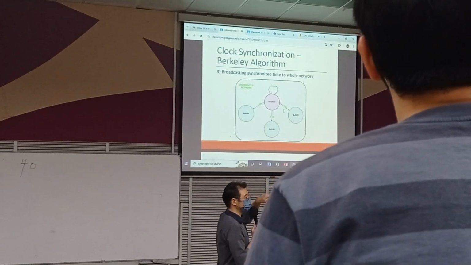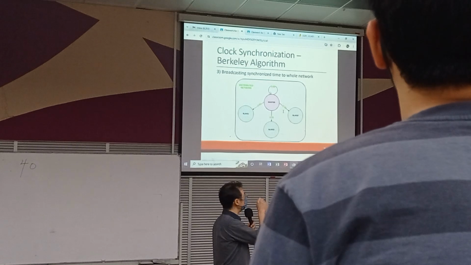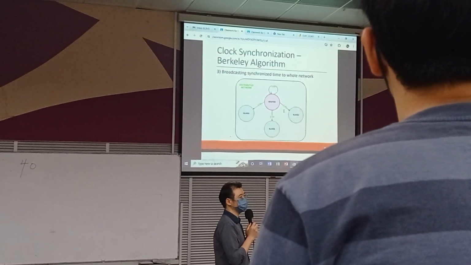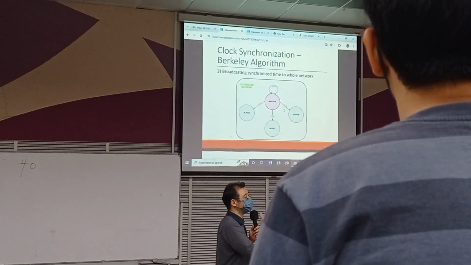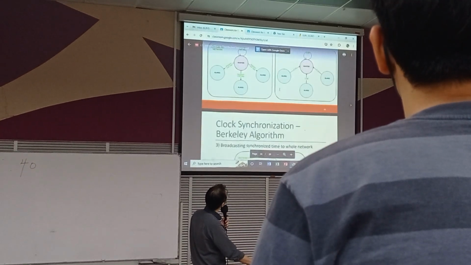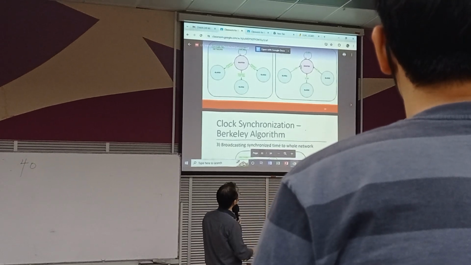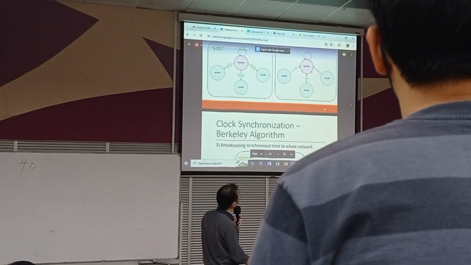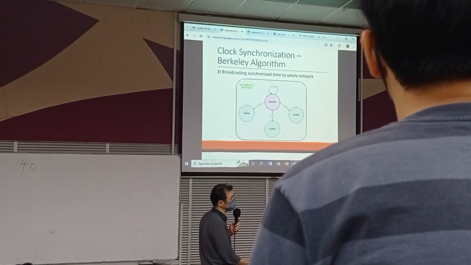There's a reason why it sends the difference. The reason is because of the Christian algorithm, because you have delay, right? If you send the difference, then the other slaves don't have to compute using the Christian algorithm. If you send the time, then you have to compute, and then you have another additional error. So there's only one error: when the slave sends to the master. That will use the Christian algorithm, and the master will predict the time of this slave using it. But when he updates the slave, he does not use the Christian algorithm anymore.